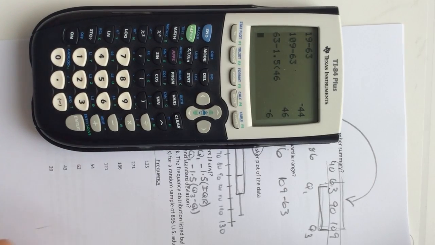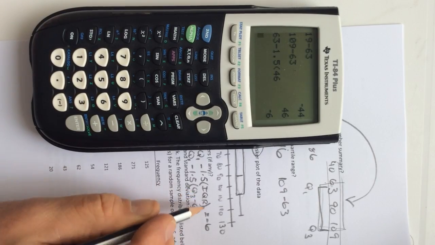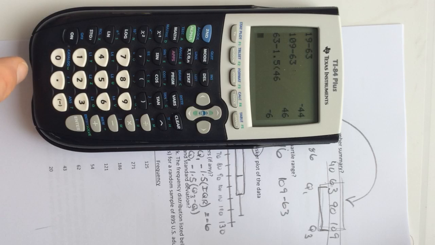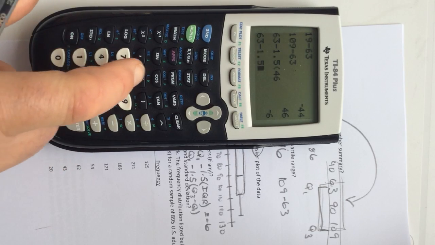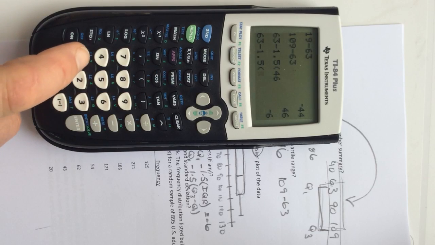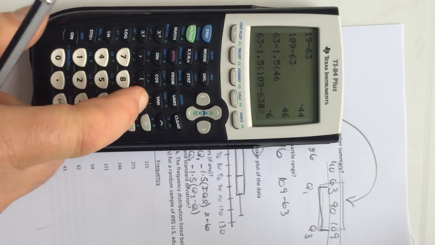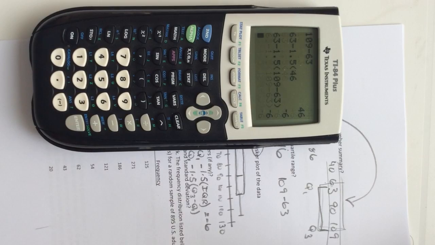That's at -6. If you didn't already have the 46 done, you could have done Q1, which was 63, minus 1.5 times Q3 minus Q1. That way the calculator will do the 46 for you. So either way, same thing.